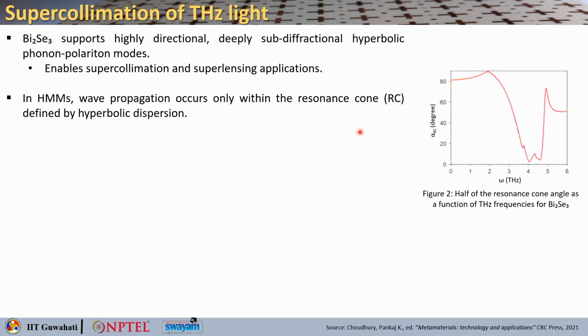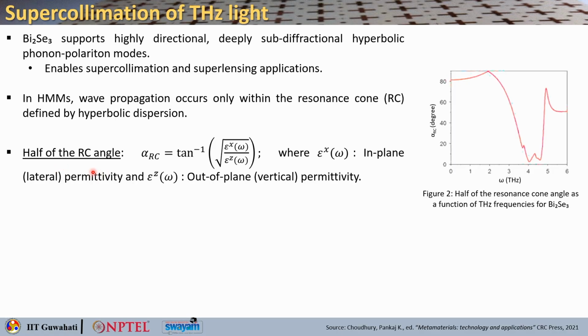In hyperbolic metamaterials, the resonance cone describes how electromagnetic waves propagate, creating a cone shaped energy distribution around the source. You can calculate half of this resonance cone angle, alpha RC, from tan inverse of the square root of epsilon x of omega divided by epsilon z of omega.